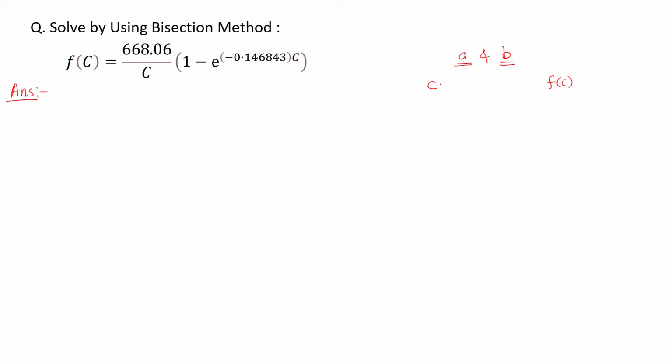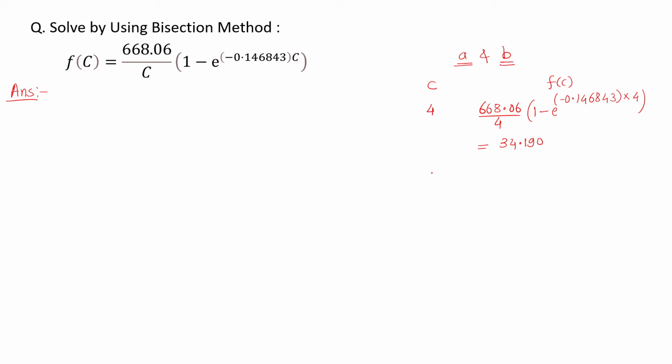So I will take c is equal to 4, put that in the given equation and calculate the value of the function at c is equal to 4, and it comes out 34.190.